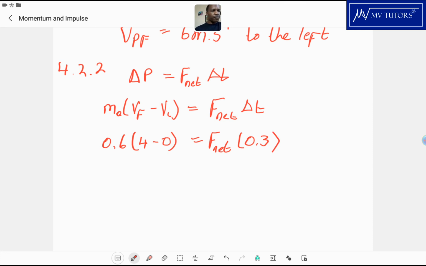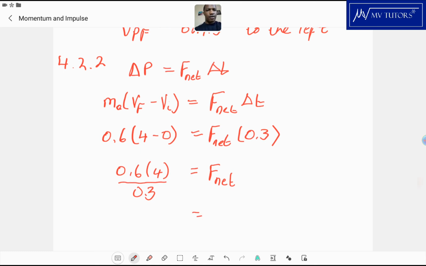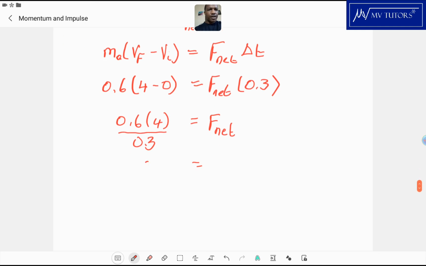So eventually, if we make F the subject of the formula, we'll have F net equals 0.6 times 4 divided by 0.3. We put this in a calculator, and we get that the F net is 8.